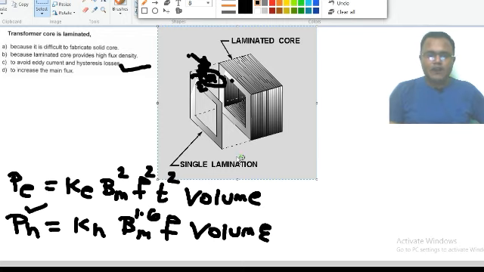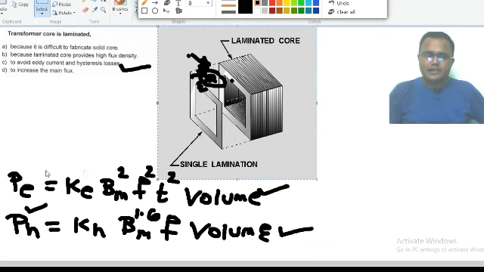So indirectly, what we are telling is, whenever the transformer is laminated, the eddy current loss is reduced and also the hysteresis loss is reduced, because the volume is decreased.